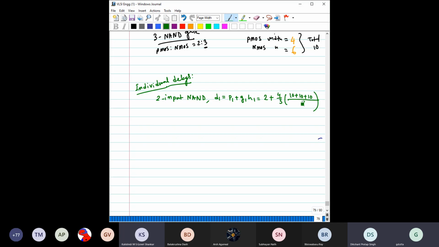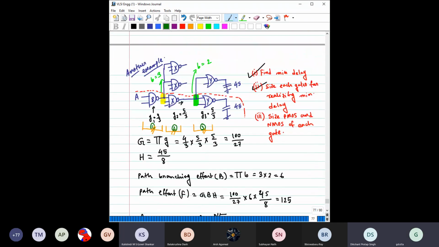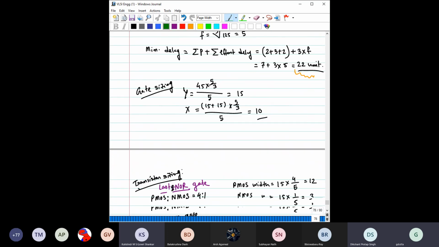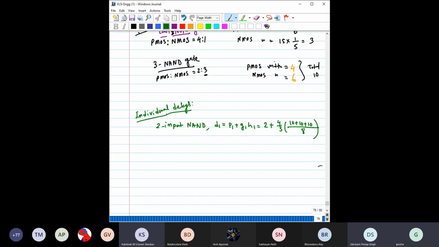See, for this, input capacitance is 8, and the output capacitance is x plus x plus x, which is equal to 10. That is why we have written 10 plus 10 plus 10 by 8. So if you now calculate it, it would come to 7.